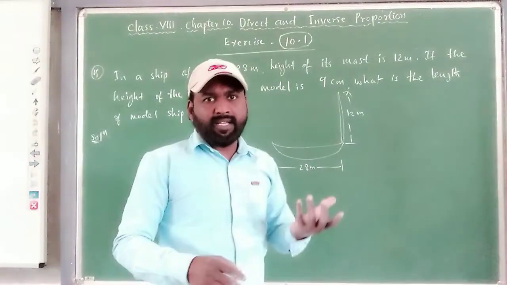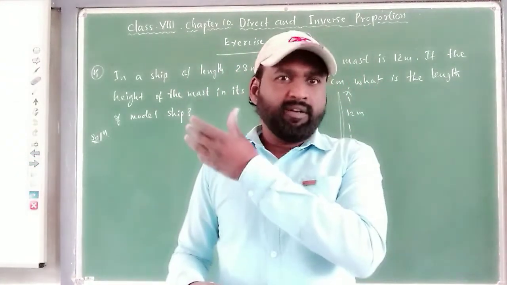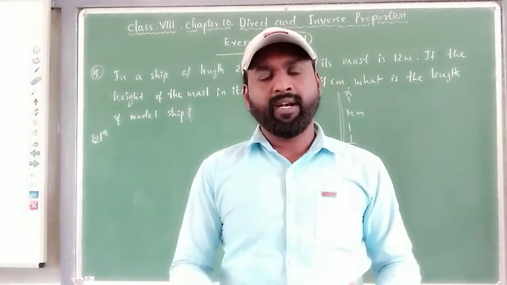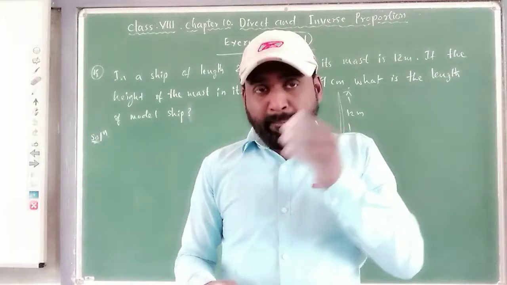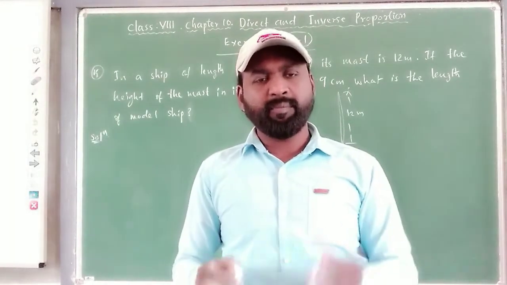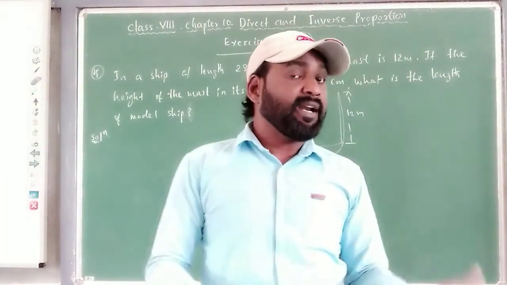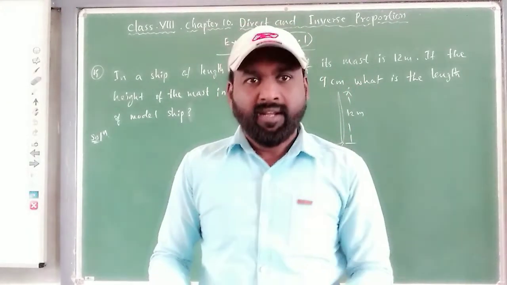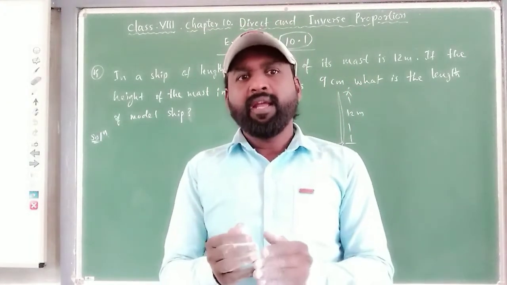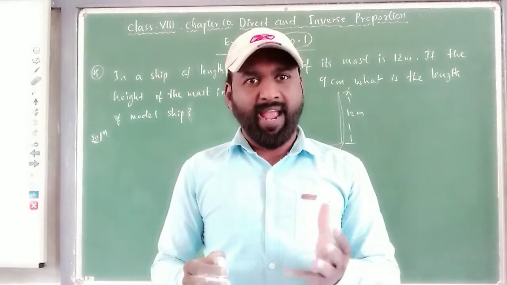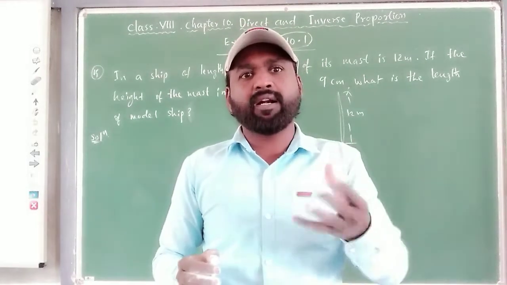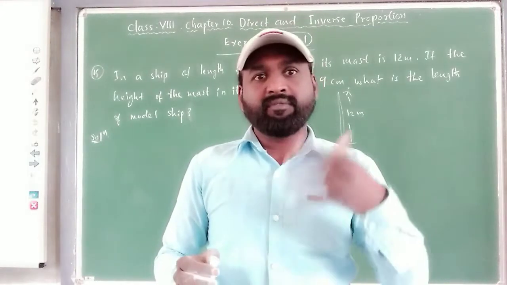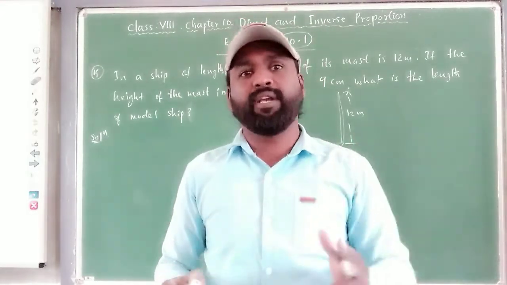We already discussed in the beginning of our chapter, proportion. In the first session what we have completed, there is comparison of ratio. Proportion means comparison of ratio. But ratio means what? Ordered comparison of the two quantities which are in the same units.